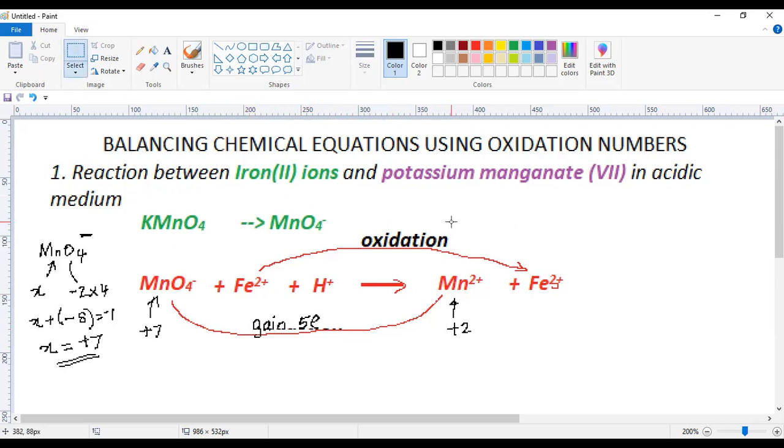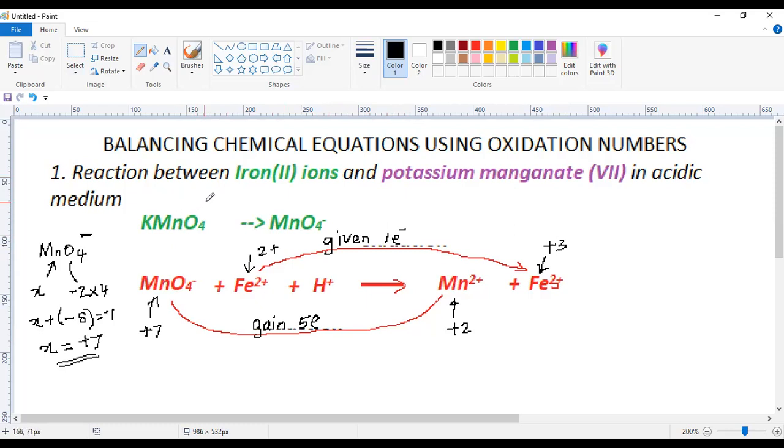Similarly, if I go to the reaction where this oxidation occurs, Fe2 plus goes to Fe3 plus. When oxidation number goes from +2 to +3, oxidation number has increased. It is because it has given 1 electron out.